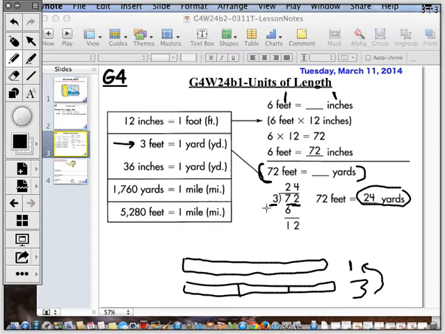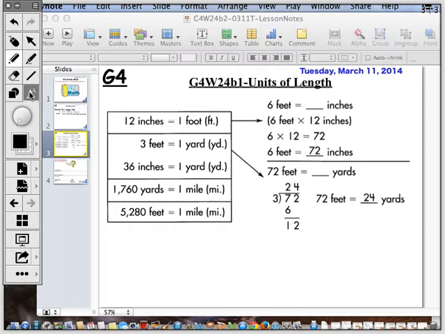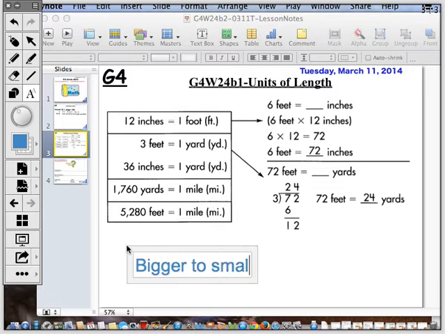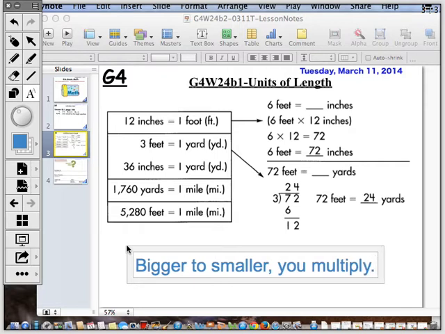Everybody should write that down. Bigger to smaller, you multiply.